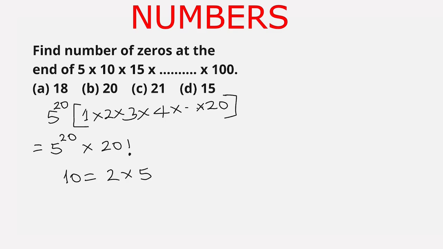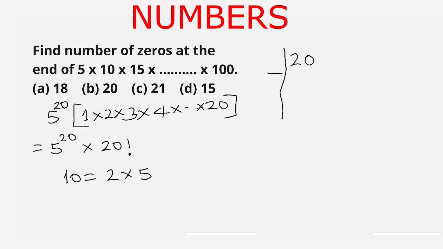But we already have 5 to the power 20, so we have to find the power of 2 in 20 factorial, and the equal power we will take from the power of 5 to make it power of 10. So we find the number of 2's in 20 factorial.